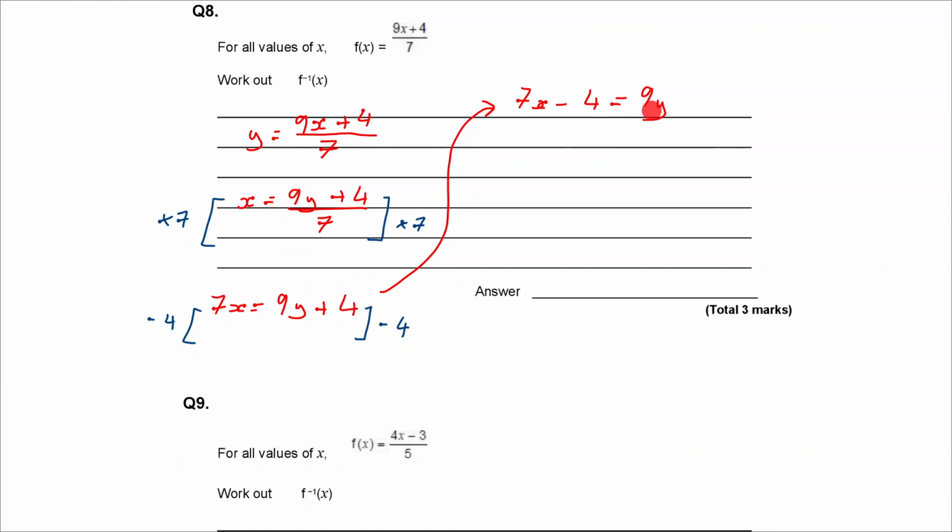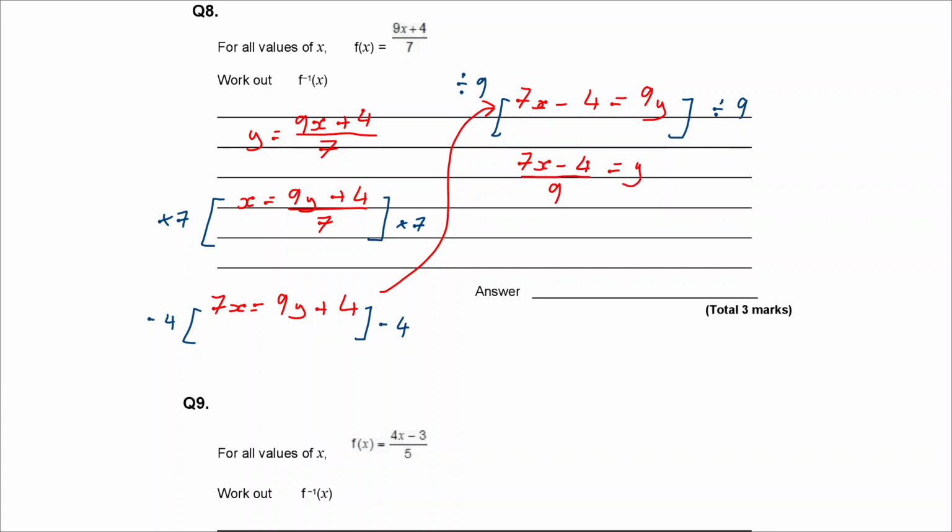I've got 9 times y. The opposite of timesing by 9 is to divide by 9. So we're going to take both sides and divide them by 9. And that's going to give us 7x minus 4 divided by 9 is equal to just y.